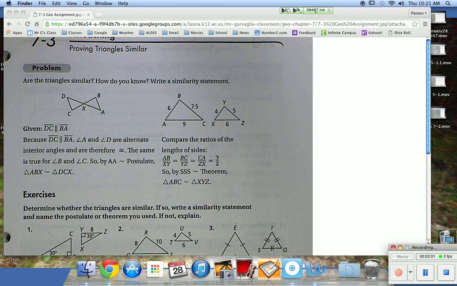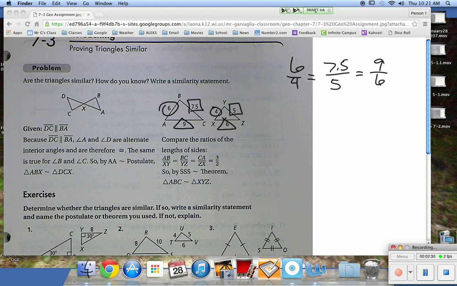We would be looking at this side to this side, and then this side to this side, and then this side to this side. So we would look at it as 6 over 4. Is that equal to 7.5 over 5? Is that equal to 9 over 6? Now you can reduce it if you want.